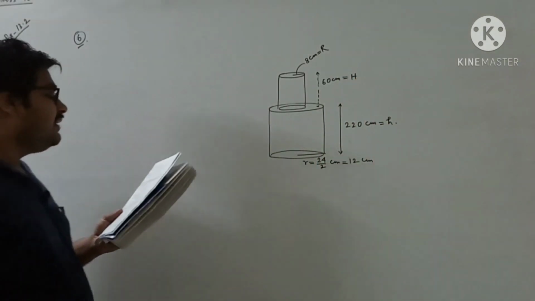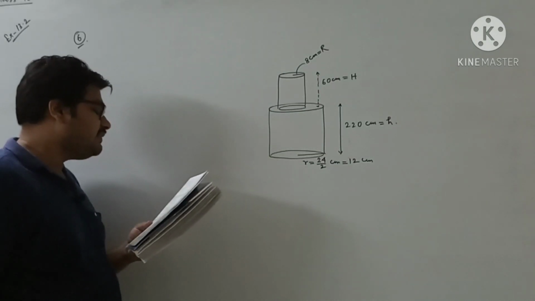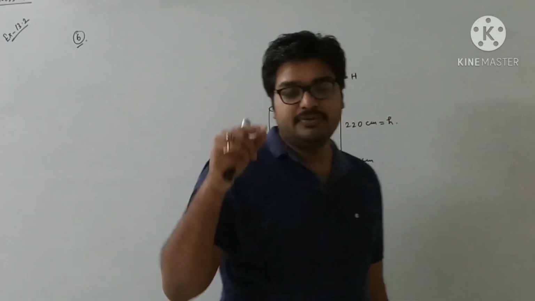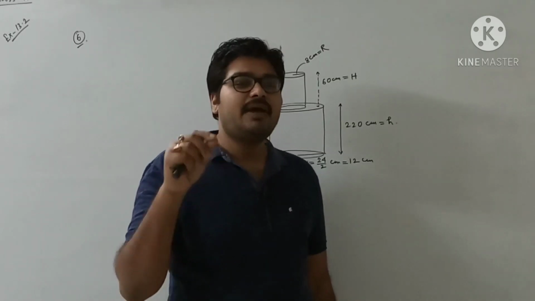Next, find the mass of the pole given that 1 cm cube of iron has approximately 8 gram mass. 1 cm cube, that means they are talking about the volume. 1 cm cube has a mass of 8 gram.